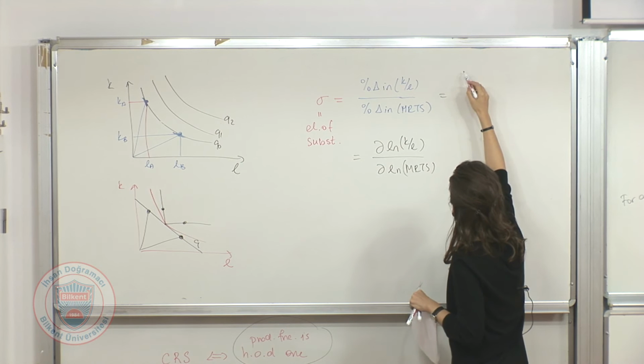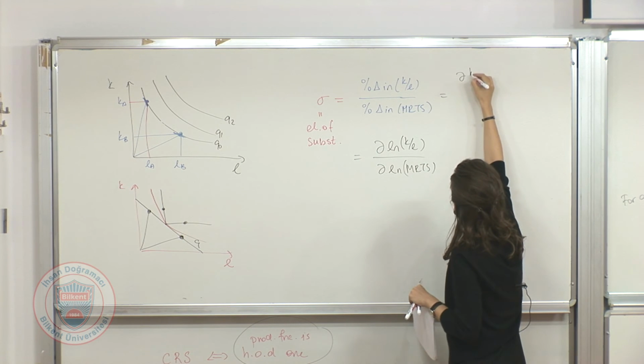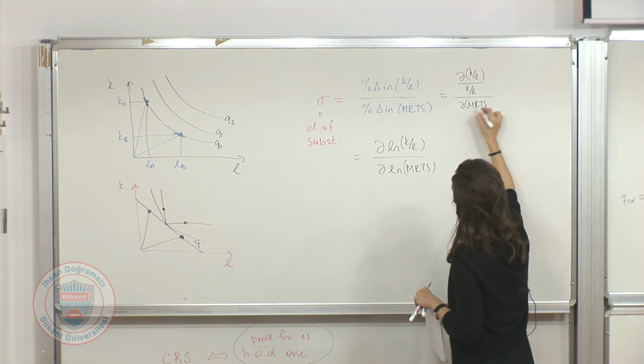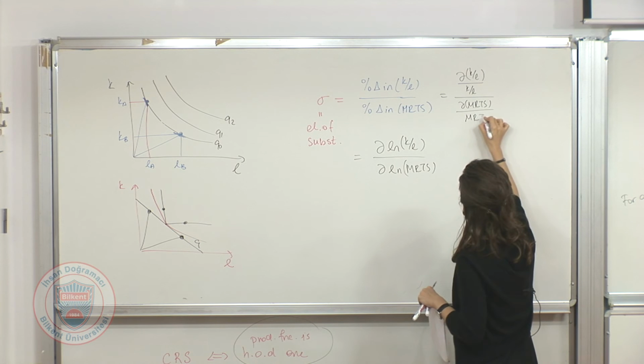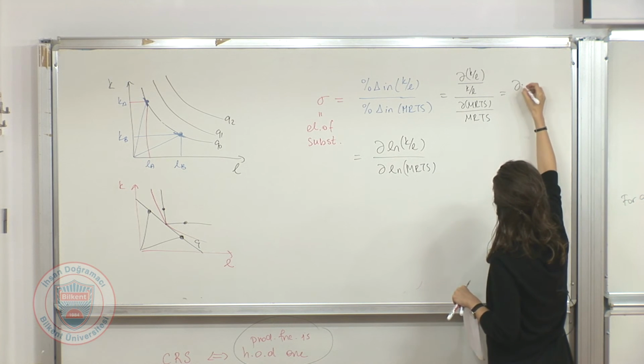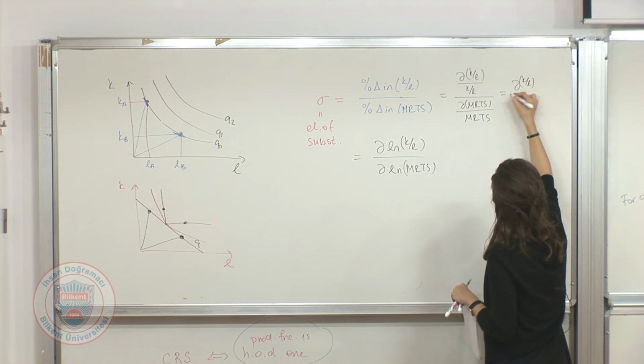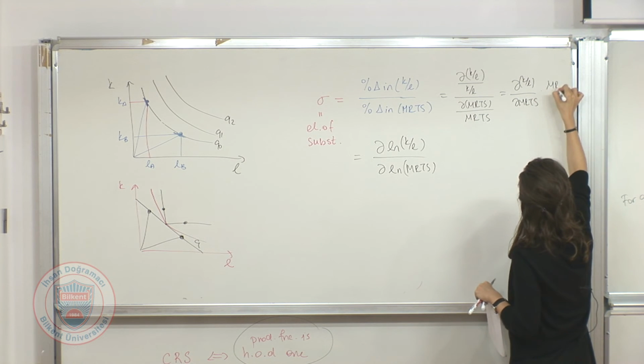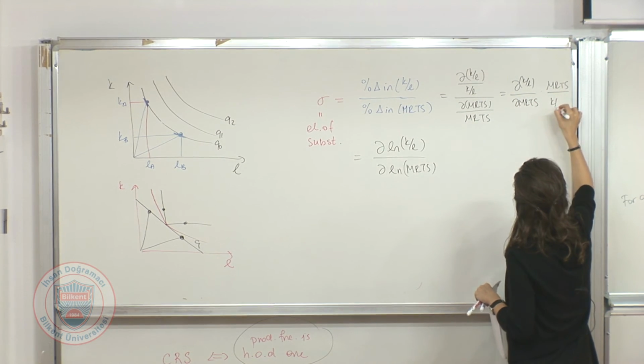So this is basically del K over L, K over L, over del MRTS, MRTS. Or you can have it as del K over L over del MRTS. You will see different ways of expressing this.